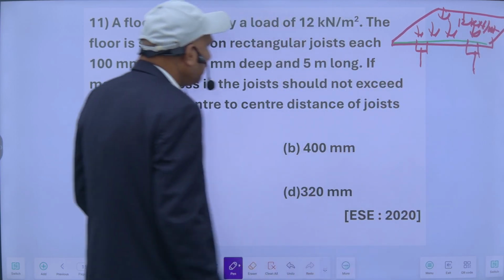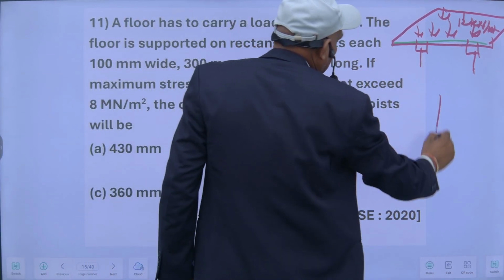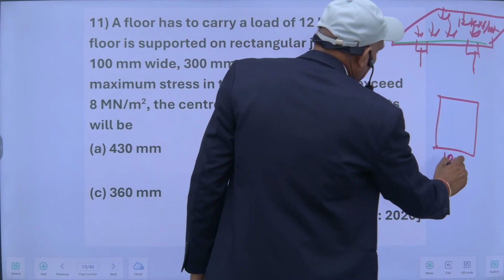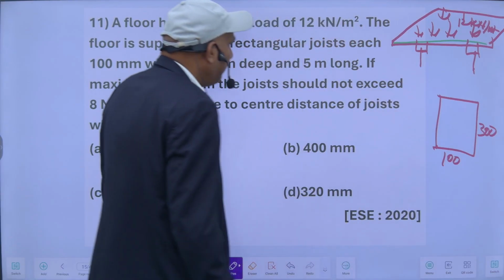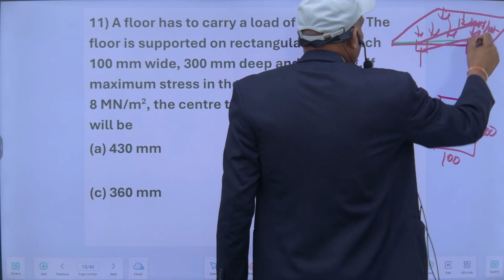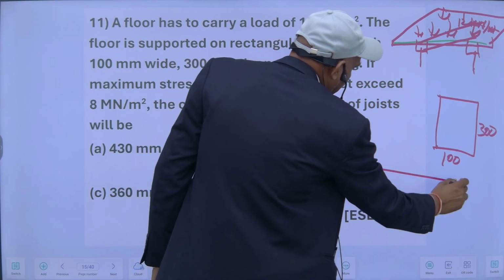Now the cross section of this joist is 100 mm and 300 mm and 5 meter long. Its length is 5 meter long, like this.